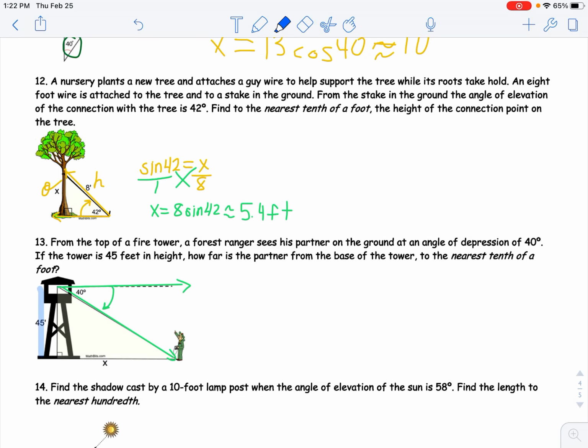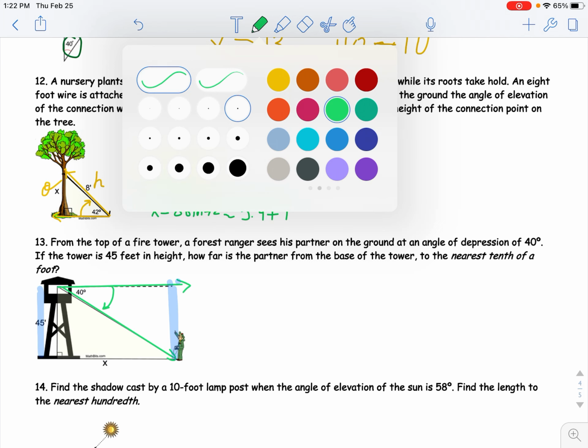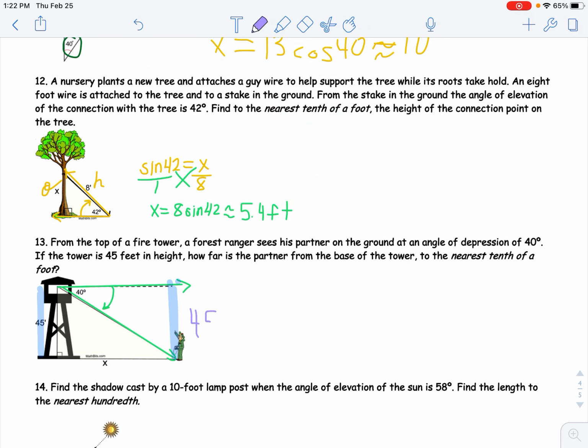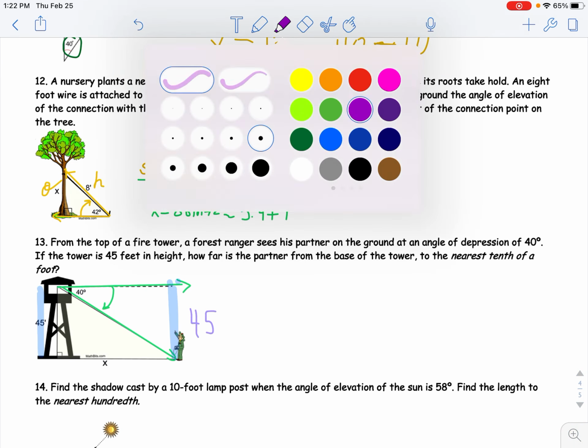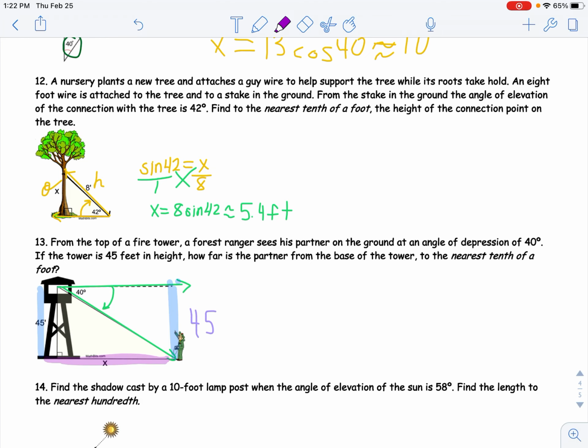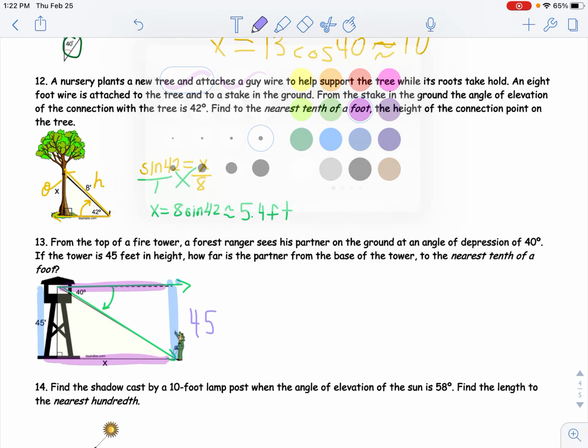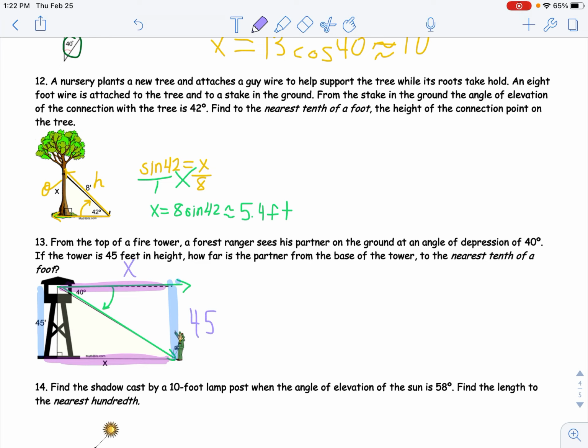So there's a couple ways to do it. The way I like to do it is just take this height over here, transfer it. So now over here we have 45, and then take this distance we want to find here, x, transfer it up there, call that x. Couple ways to do it. That's the way I personally like to do it.